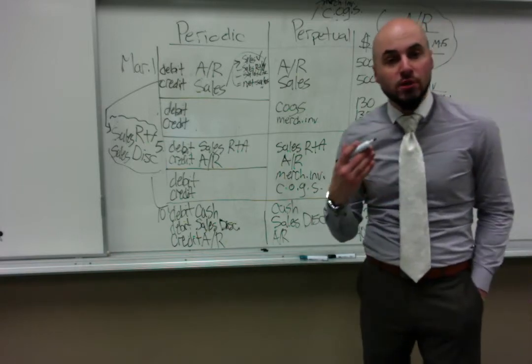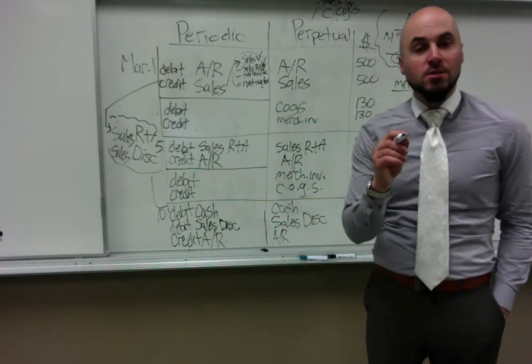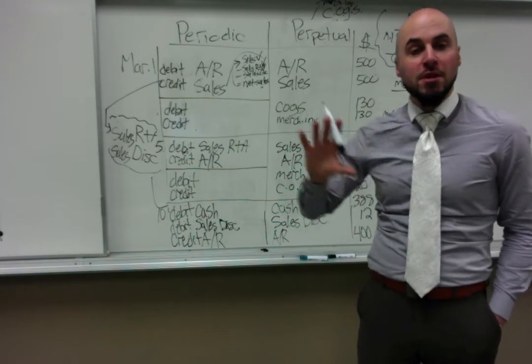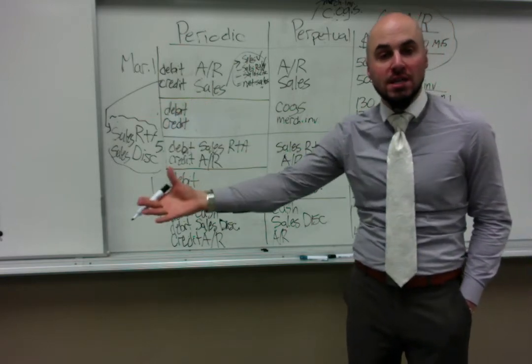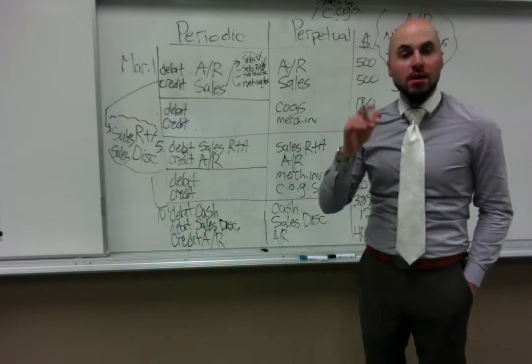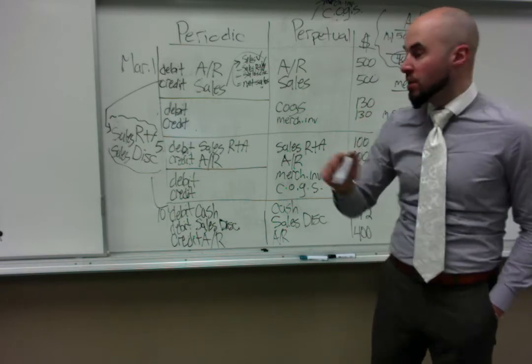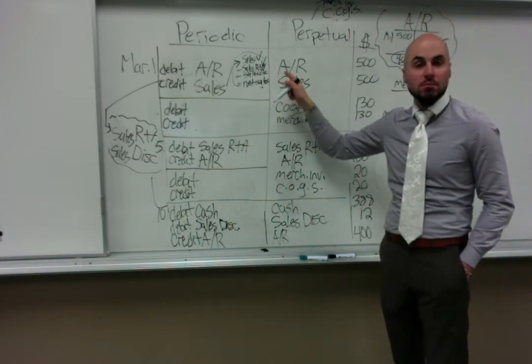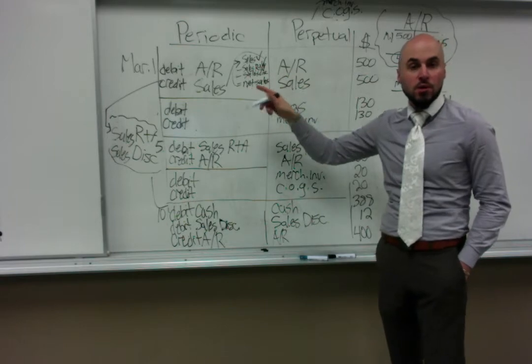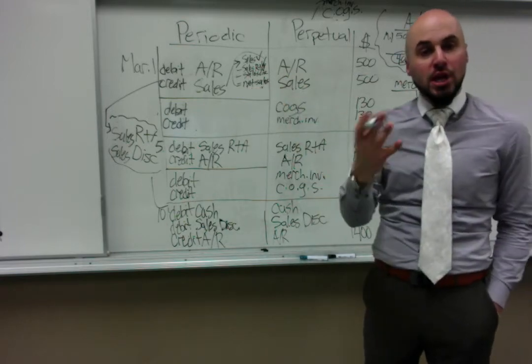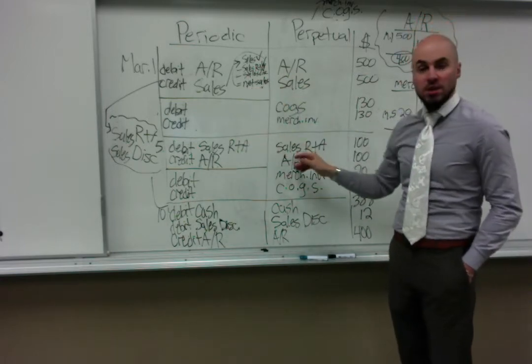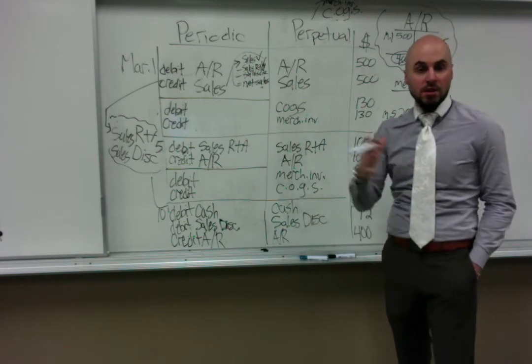Why doesn't merchandise inventory get affected here? Because we're not putting anything back into inventory and we're not taking anything out of inventory. That was already determined at the point of this first sale on March 1st, what happened to inventory. And then it changed on March 5th when a sales return was made by the customer.